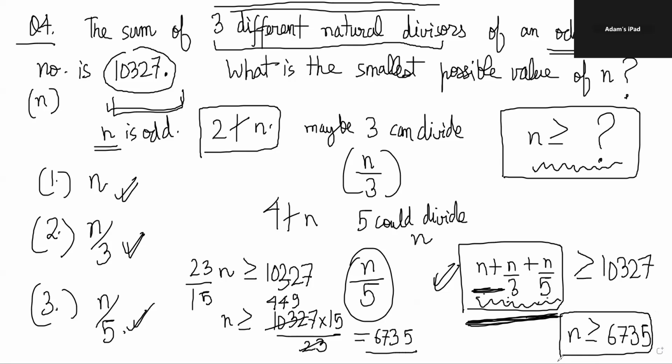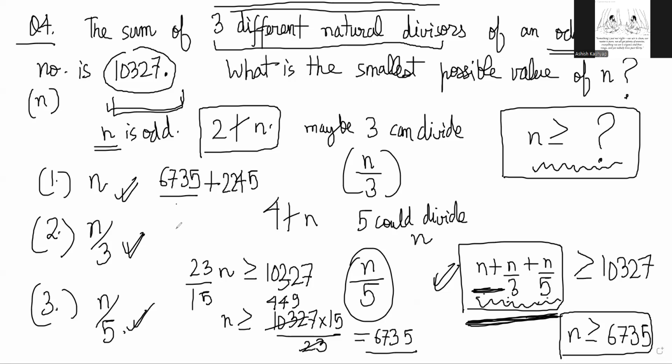And now check whether 6735 works or not, because we should check equality. Check the number 6735. It is divisible by 3 and 5. So 6735 divided by 3 will be 2245, and divided by 5 will be 1347.